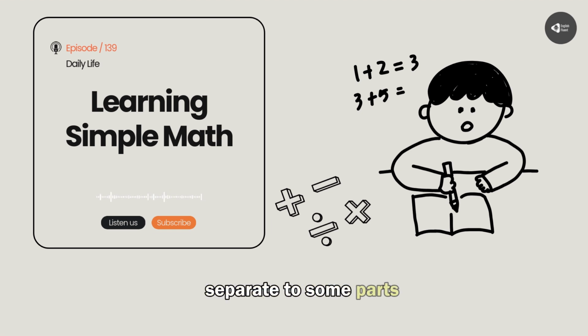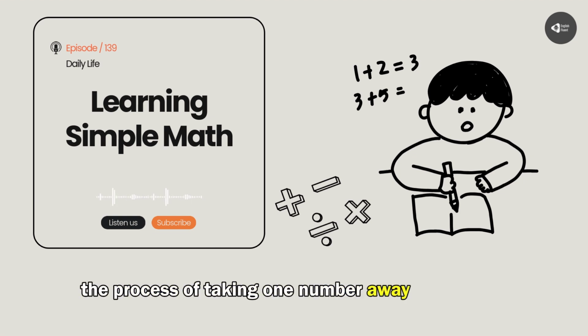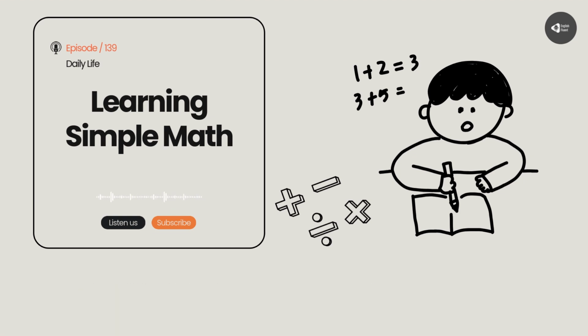Separate to some parts. Divided by. The process of taking one number away from another. Subtraction. A mathematical process such as adding, multiplying, subtracting, etc. Operation. The process of adding two numbers together. Addition.